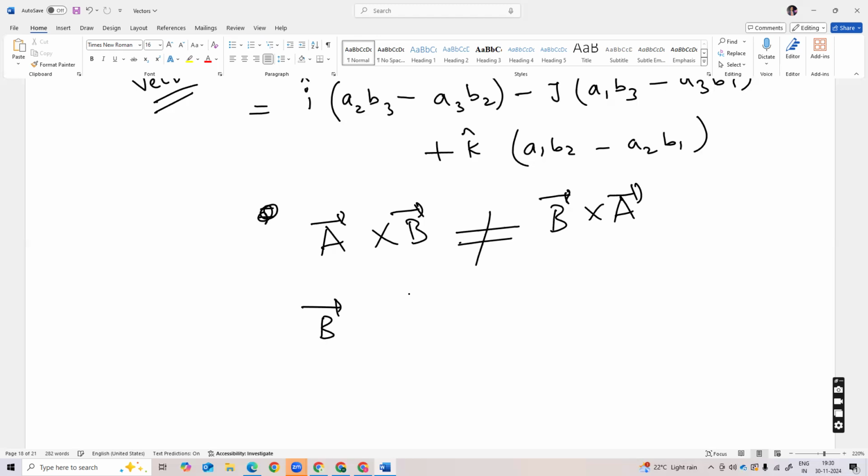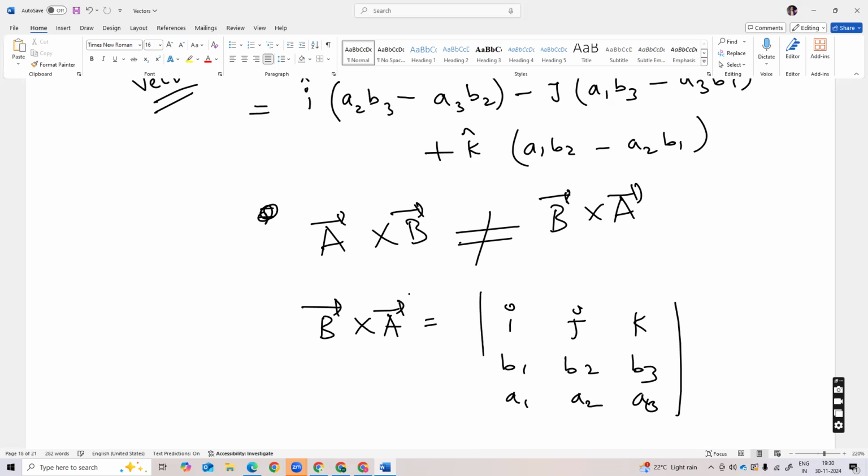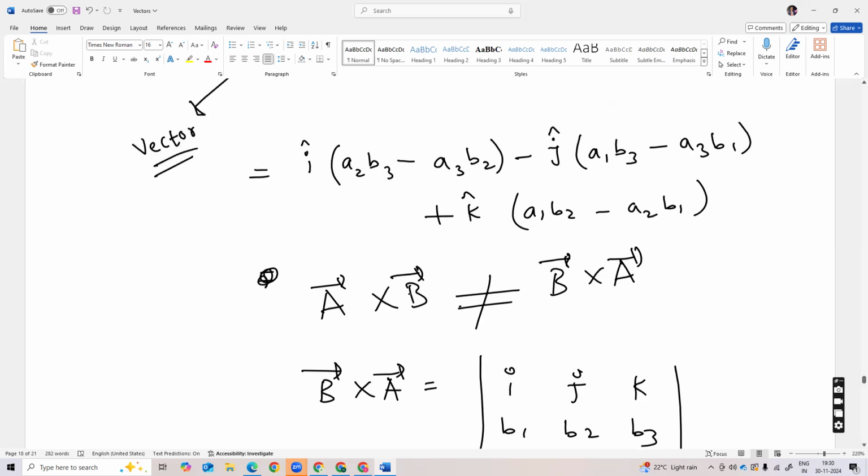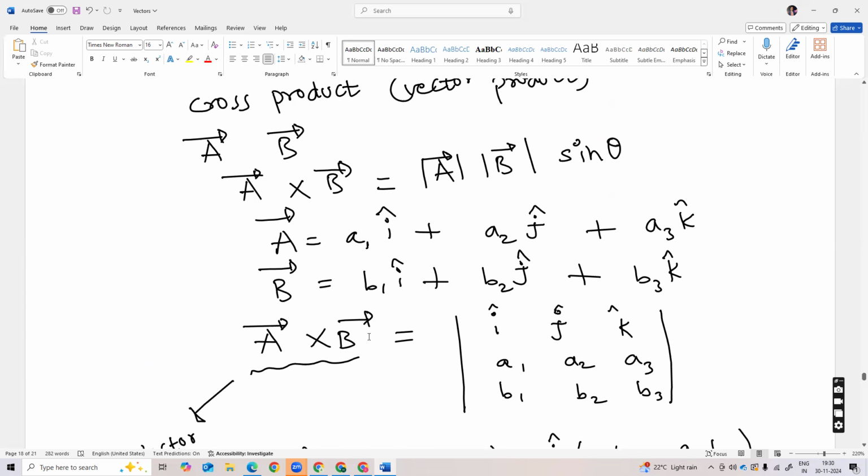If you have to find b cross a, similarly you can write i j k, but first you will write b1 b2 b3, a1 a2 a3, and then you can find the determinant in a similar manner. So this is how we find out the cross product.